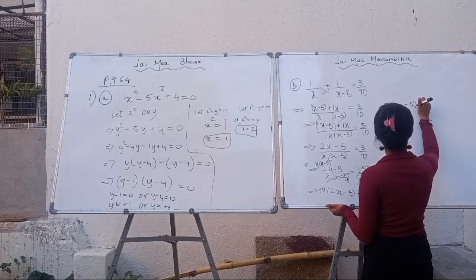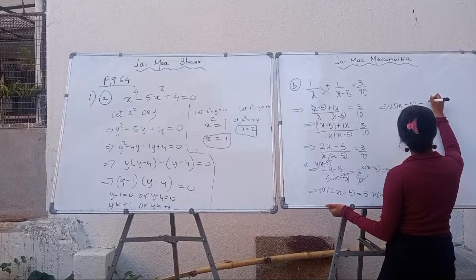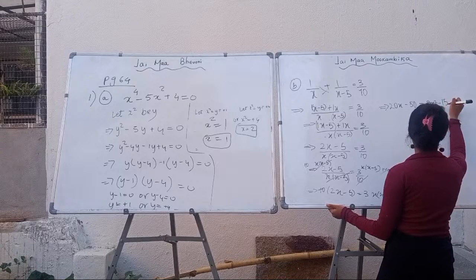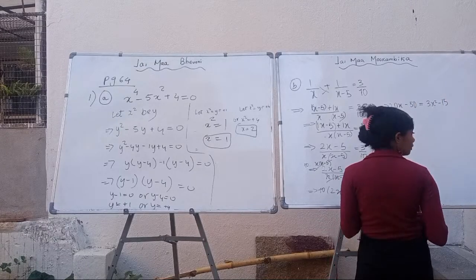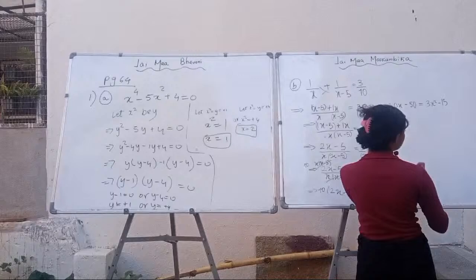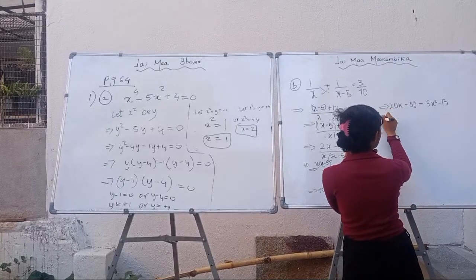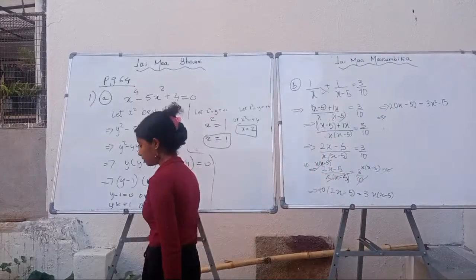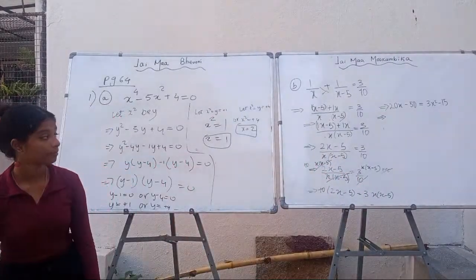So Anshuman, are you there? I got this X. 20x minus 50 is equal to 3x square minus.